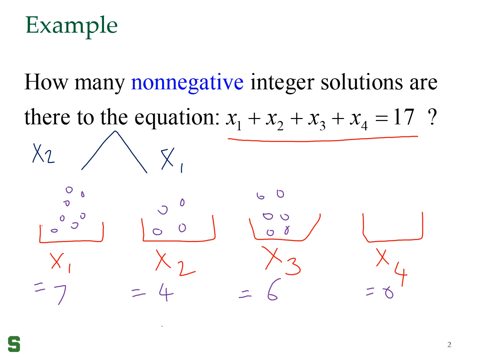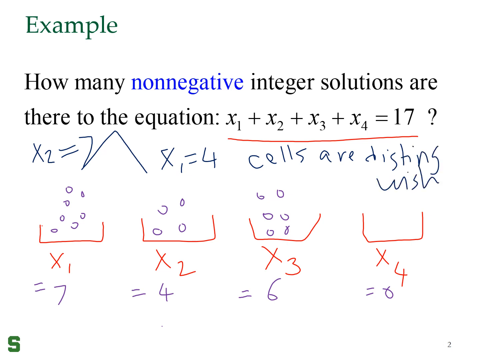What this means is I'm getting a solution where x1 is 4, x2 is 7, x3 and x4 are unchanged. This is a different solution, and that means that the cells are distinguished. So now let's see if the balls are distinguished.